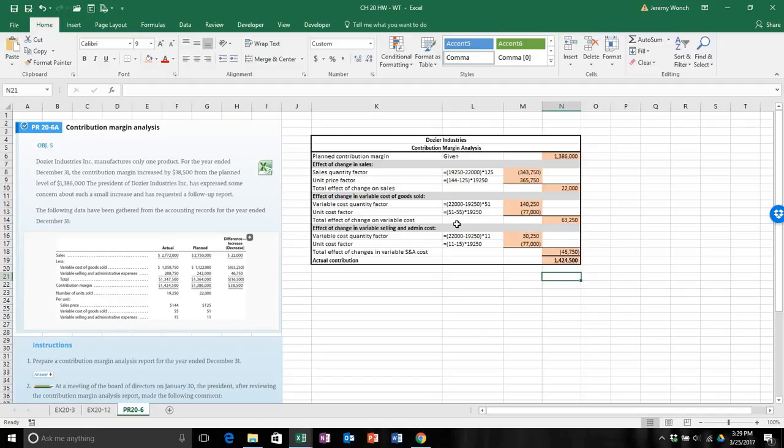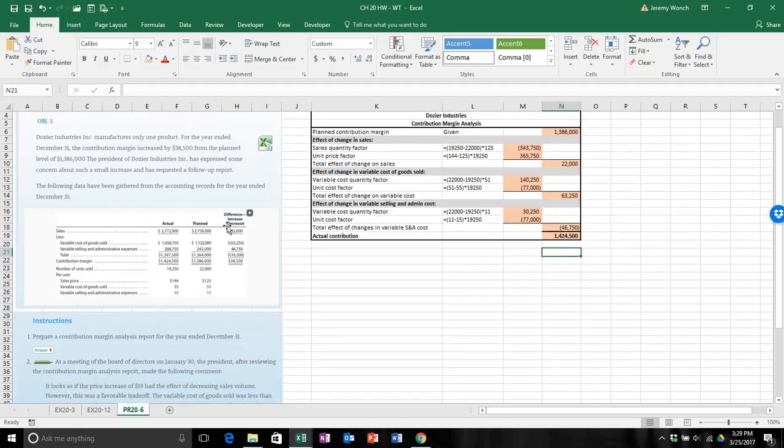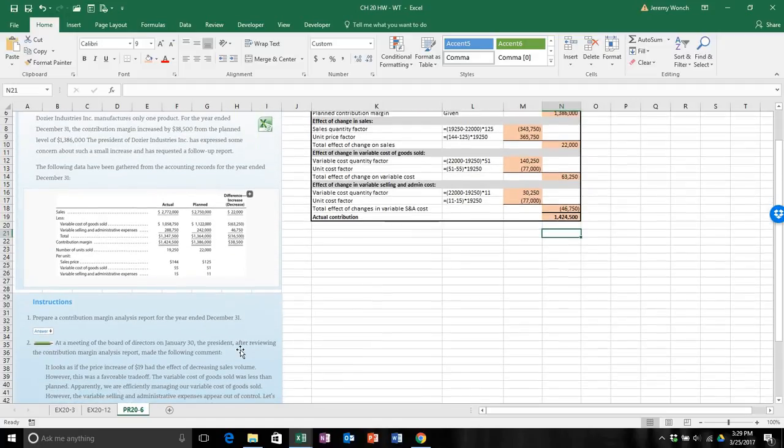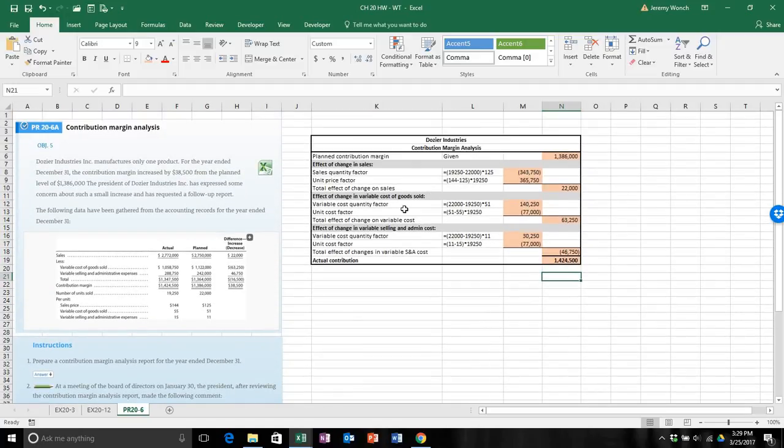So our cost per unit actually went up from 51 to 55. So while overall it went down by 63,000, there's probably actually an efficiency problem in our cost of goods sold here. So we would actually want to say, hey, no, our variable cost of goods sold are not good. We need to take a closer look at what's driving our cost up there.